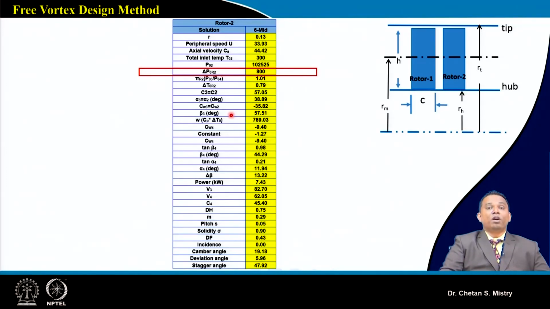Now my whirl component at the exit is important when we do our design for the free vortex concept. So we will do our calculation for CW4 into R equal to constant, and that method is what we will opt for to calculate different flow parameters, flow angles, and velocity components at different stations.